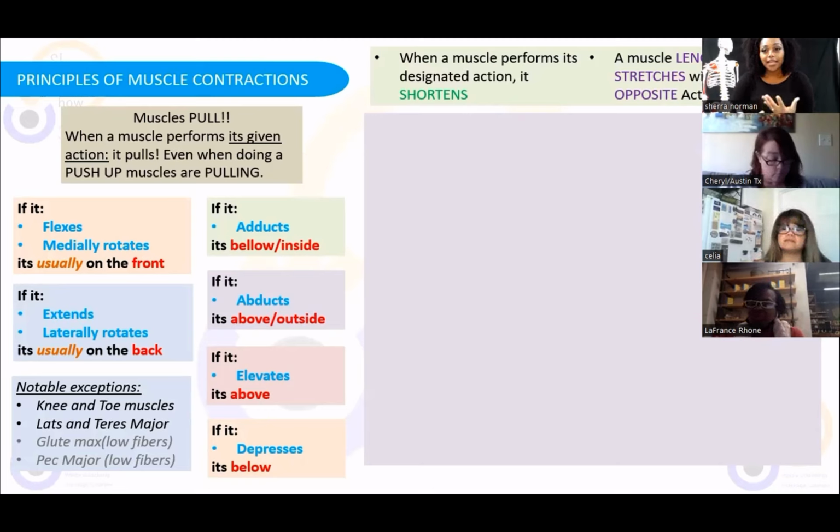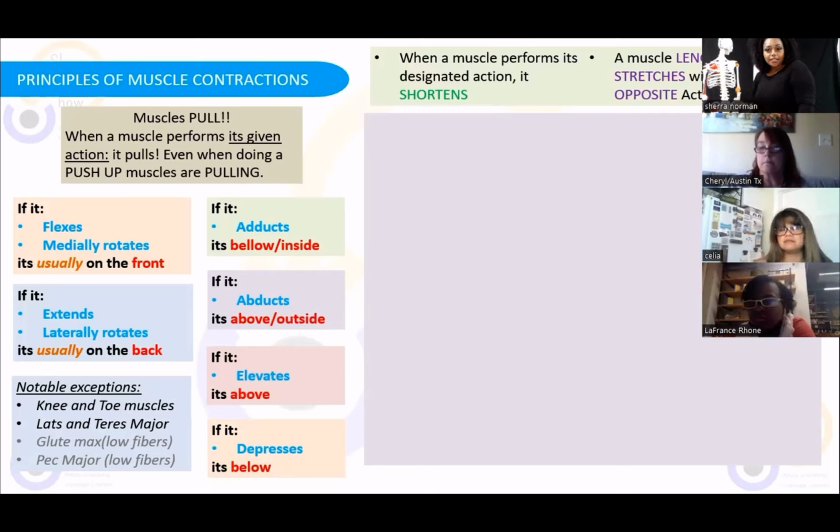The reason MBLEX loves those lengthen and shorten questions so much is because it's always a true statement. If I say extending the elbow lengthens the fibers of biceps and shortens the fibers of triceps, that's always a true statement. Flexing the elbow shortens the biceps, lengthens the triceps.